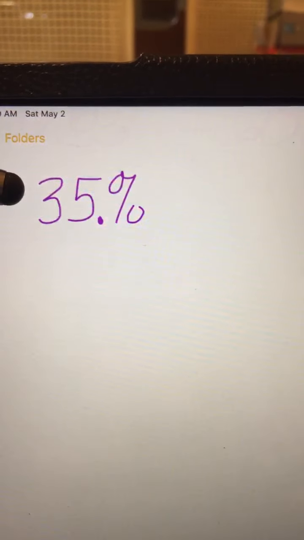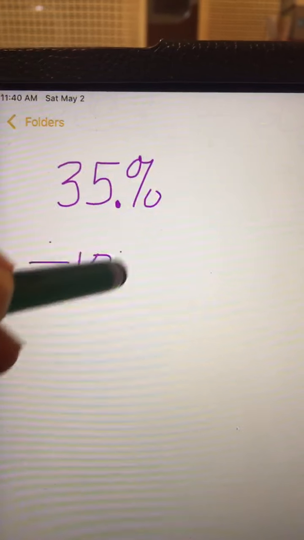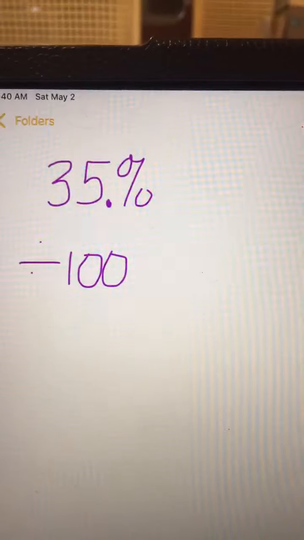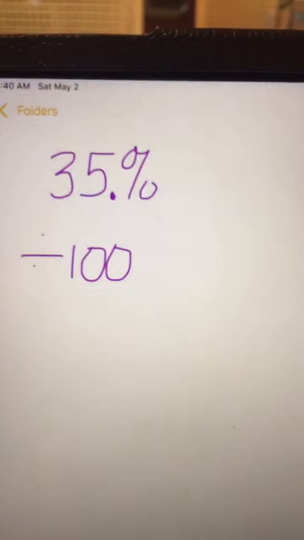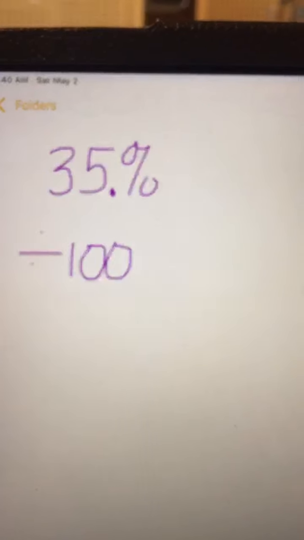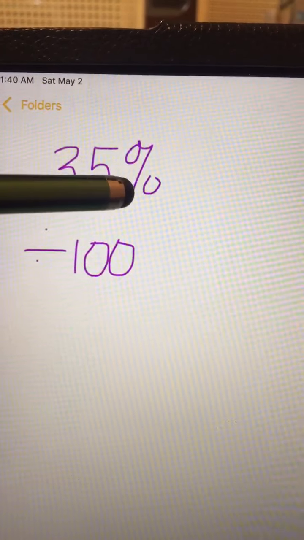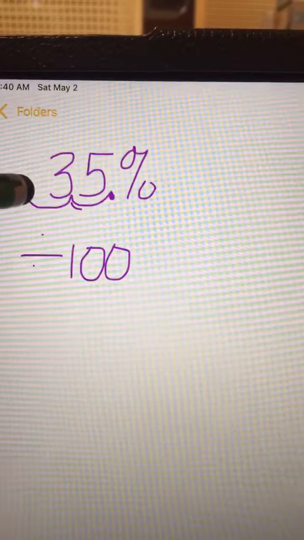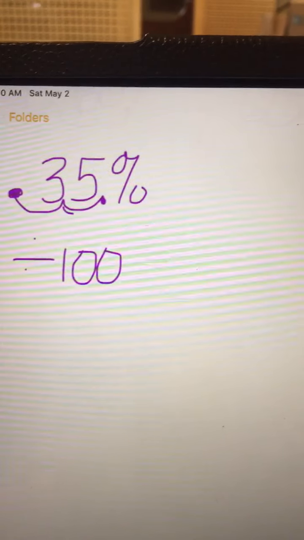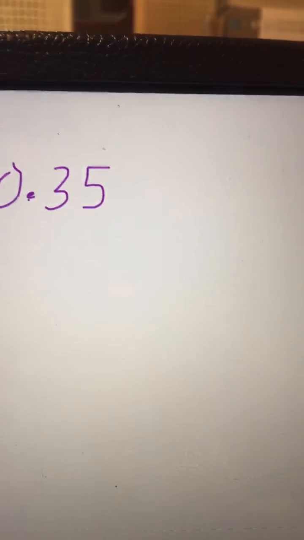When we're going from a percentage to a decimal, you can get your calculator out and divide by 100, or put your decimal point behind the ones place, and then move your decimal point over 2 places to the left. And you're going to have 0.35.